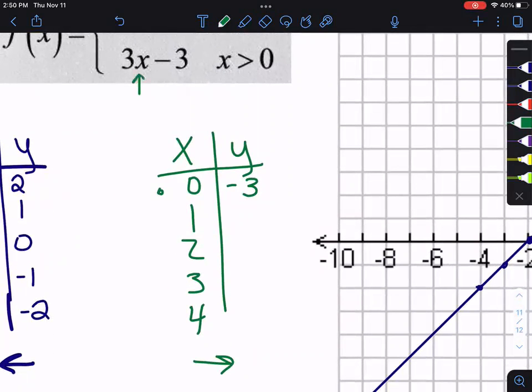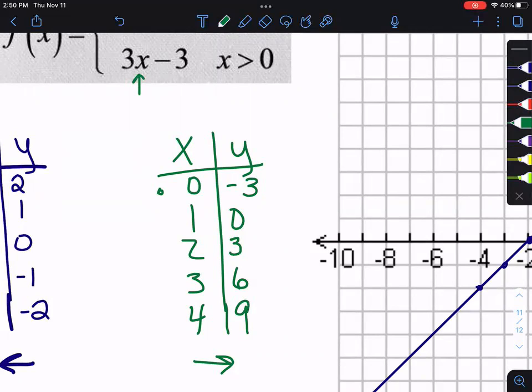Again, we're just plugging these values into this x value right here. So 1 times 3 is 3, minus 3 is 0. 2 times 3 is 6, 6 minus 3 is 3. 3 times 3 is 9, minus 3 is 6. And last one here, 3 times 4 is 12, minus 3 is 9.